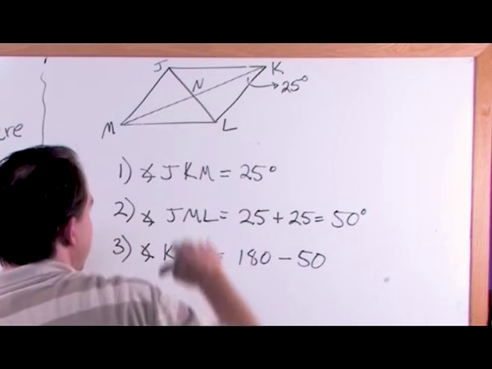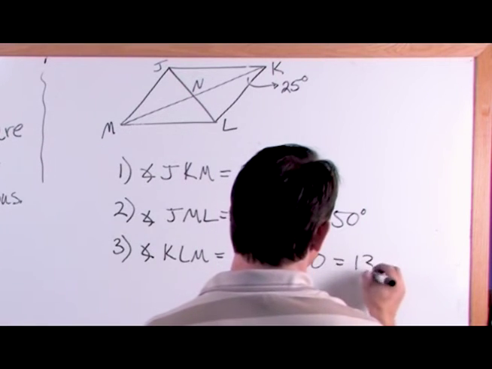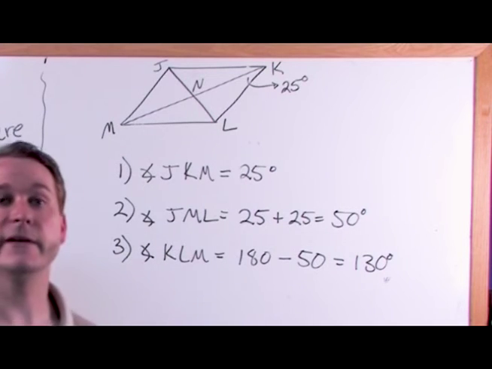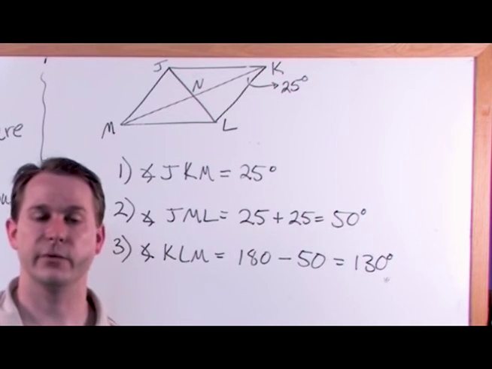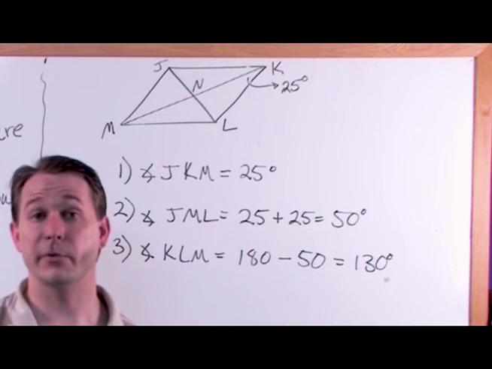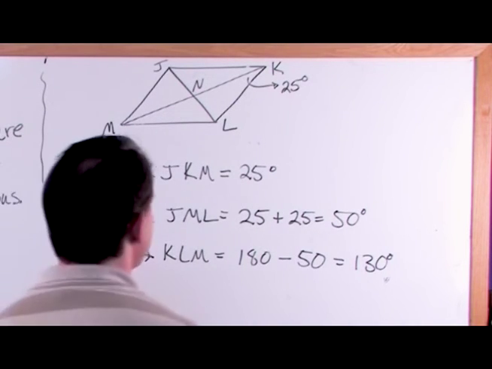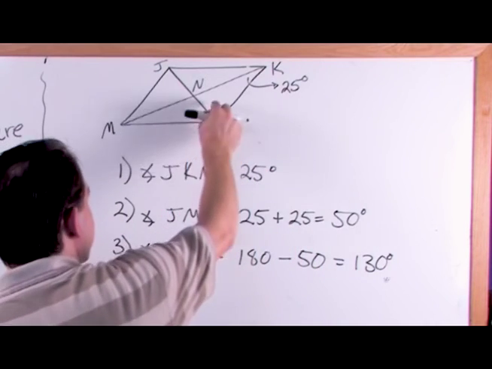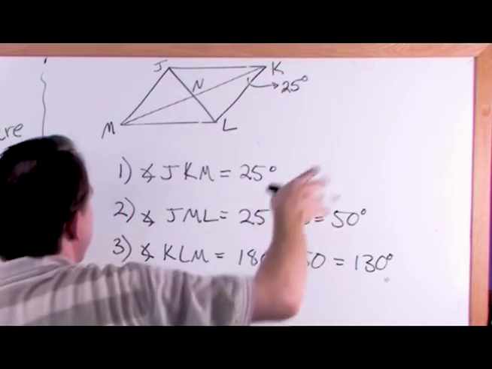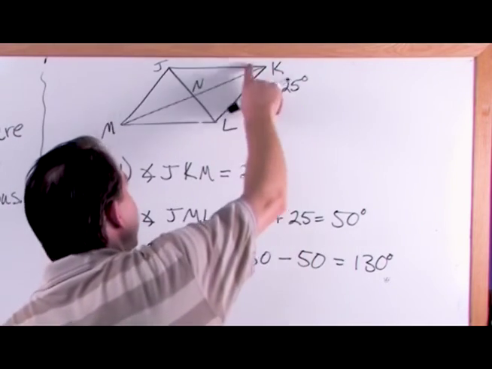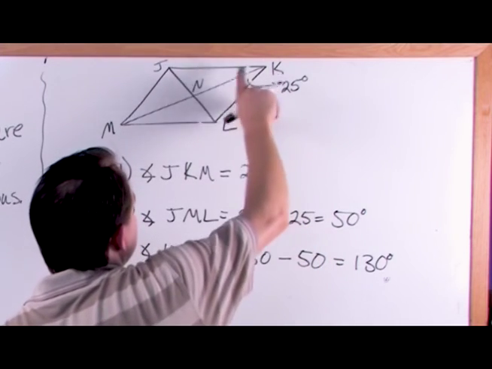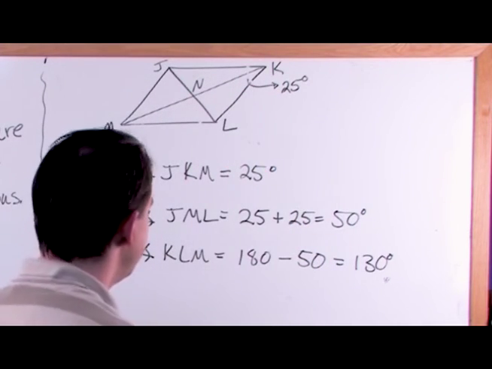So this has got to be 180 minus 50, which is 130 degrees. Again, we're using these theorems we've written on the board, and they seem all random and disconnected, and you're just going to have to remember them, and here we are applying them to a problem. So this big angle here is supplementary with this angle here, because that's the way it is for quadrilaterals. We know this angle is 50 degrees, so then this is just 180 minus 50.